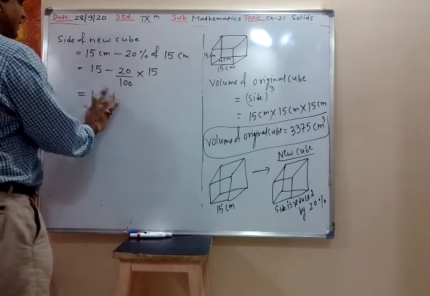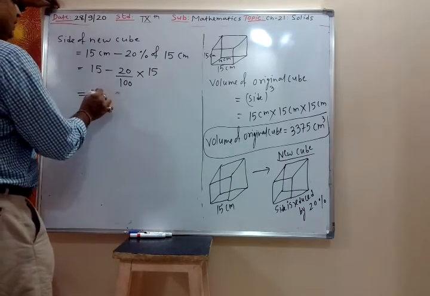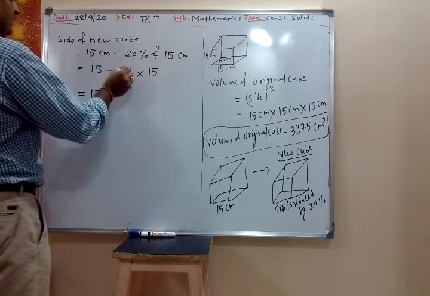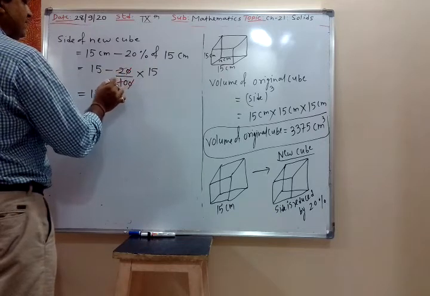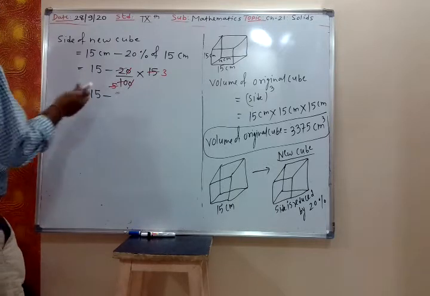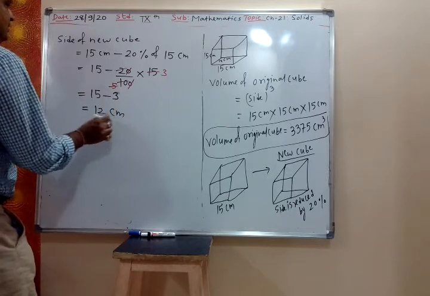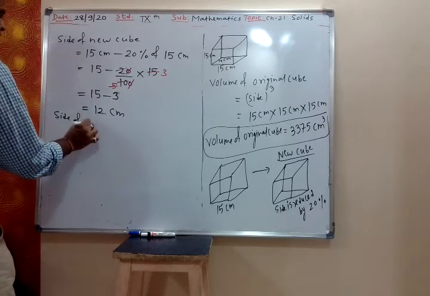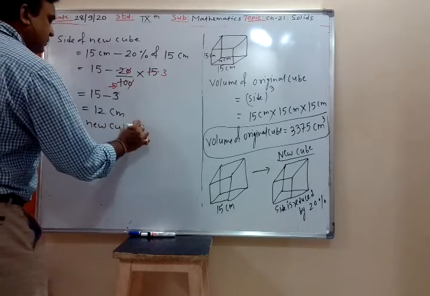We can simplify this directly. 15 minus, the 0s get cancelled. Then 2 fives are 10, 5 threes are 15. So 15 minus 3, that is 12 centimeter, is side of new cube.